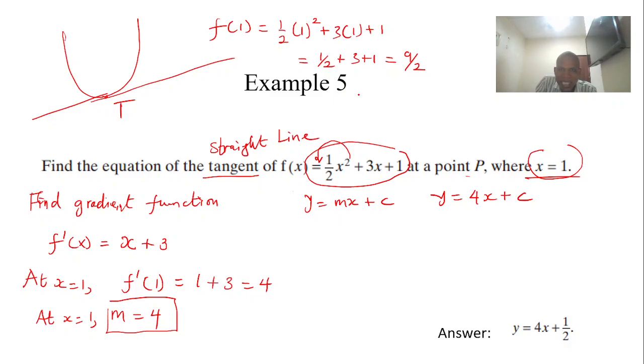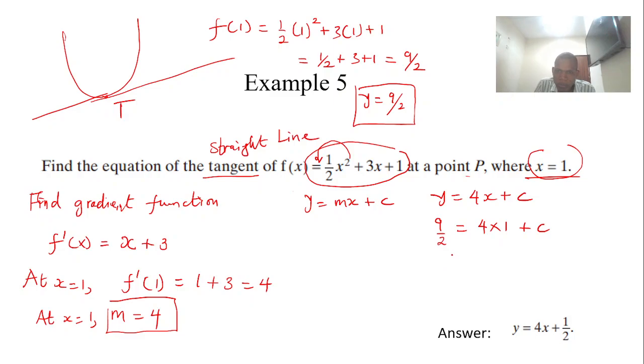And this is my y. This is my y, 9/2. So my s is 1, my y is this. So we are going to use that to find the value of c, your constant c. So my y is 9/2, is equal to, you have 4. My s is 1. I have 4 times 1, then plus c.